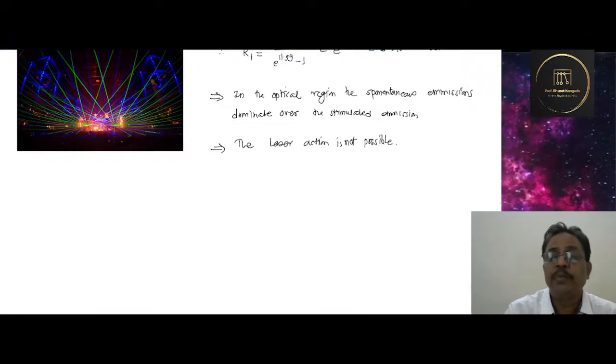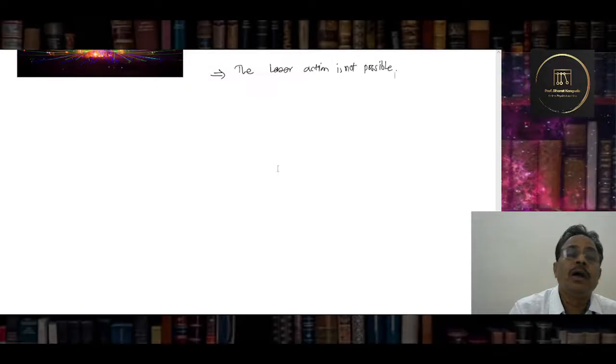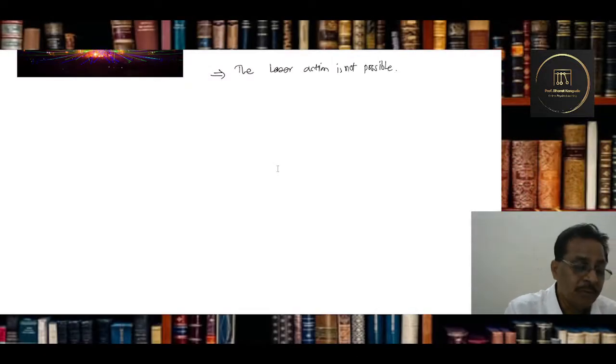That is one very important and interesting thing one has to learn when one goes for this type of derivation, as we have seen from Einstein's equation and the Einstein's coefficients.